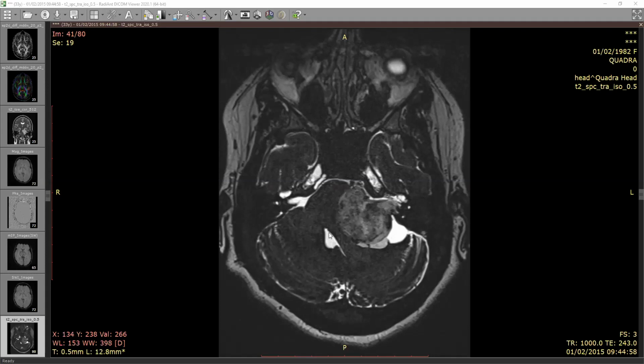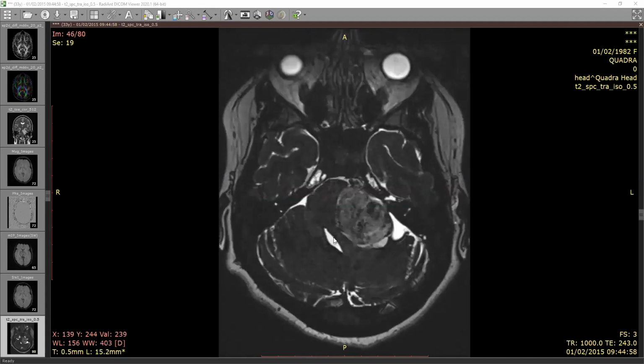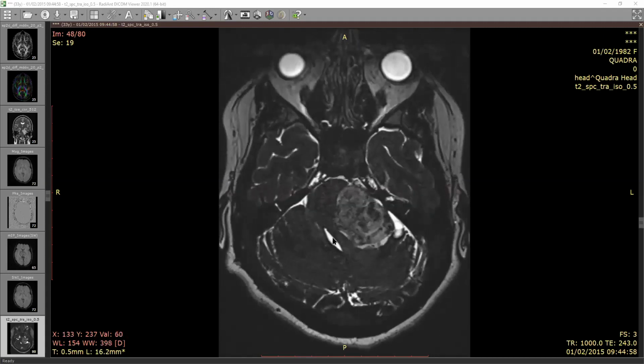How do we know there is a midline shift? We can see that the fourth ventricle has been shifted and is being compressed. See how thin the fourth ventricle has become, and see how heterogeneous this entire lesion is.